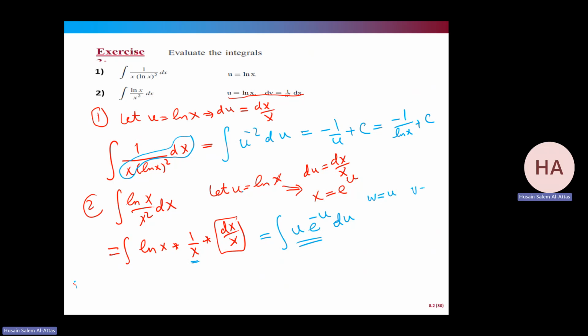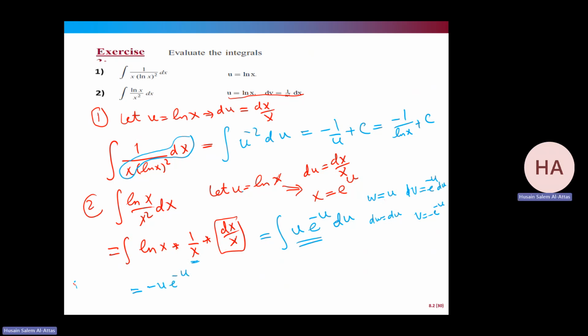These are just variables. You can do them any way you like. So it is dv, or no, this is dv, sorry. So v will be minus e to the minus u, and dw is du. Okay, so this will be what? uv is minus u.